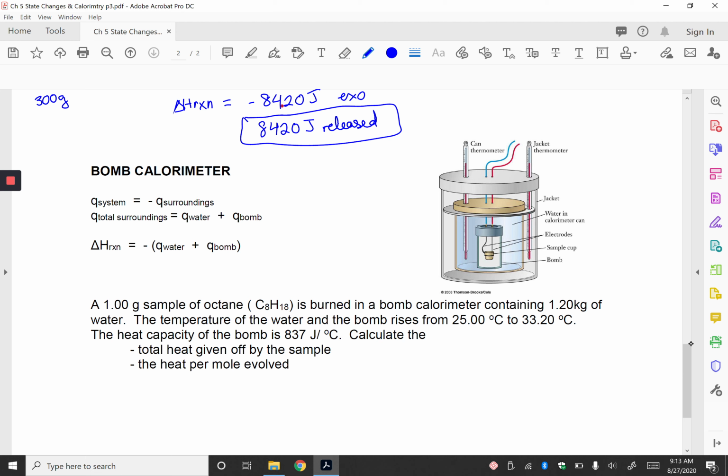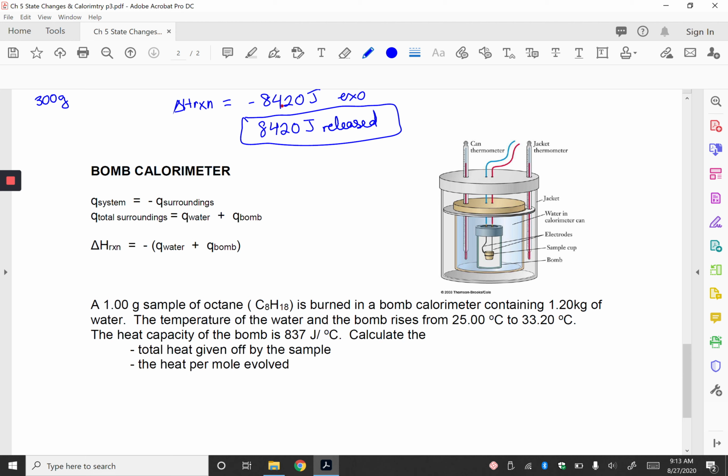So the difference here is that the water is outside of the reaction. So there's this inner chamber, which we call the bomb, and that's where they put the reactants. So let's say I want to know how many calories are in a piece of apple.